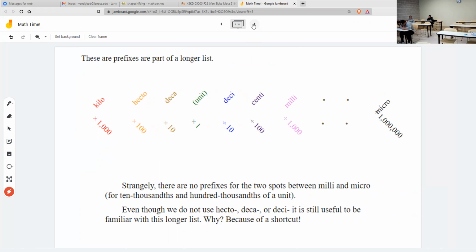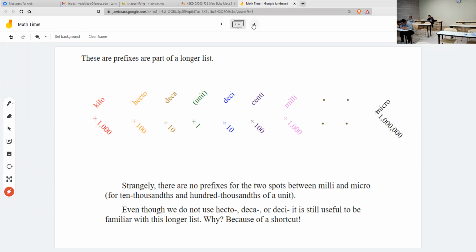Then whatever our plain thing is, the meter, the liter, the gram, the watt. Then 1/10 of it is deci with an I instead of an A. Centi and milli we talked about. For some reason, there's no name for the 10,000 and 100,000 place. No one ever uses that, so they never even bothered to name. And then micro is the millionth of something.